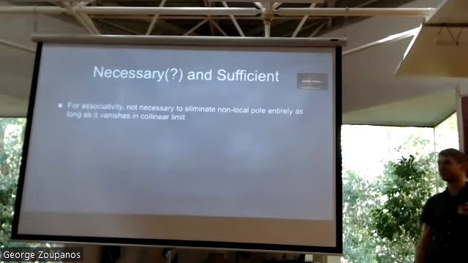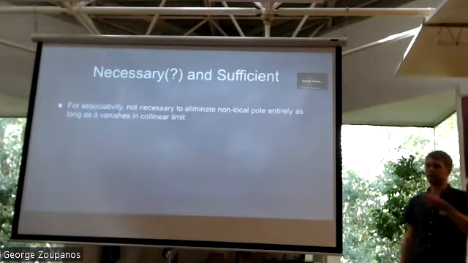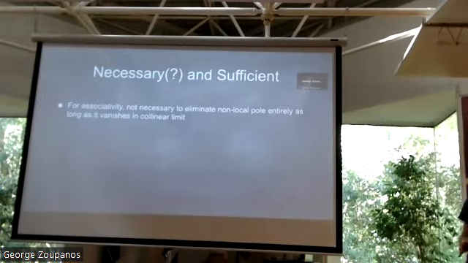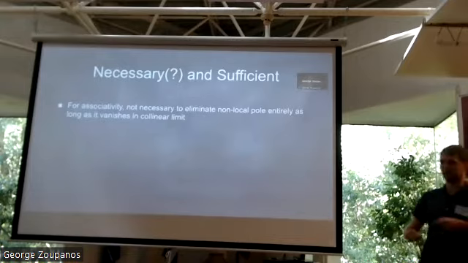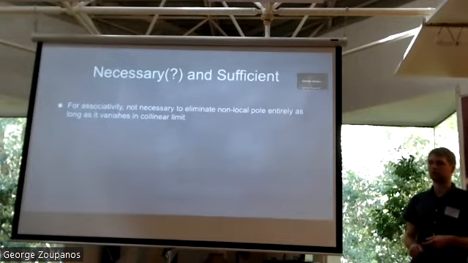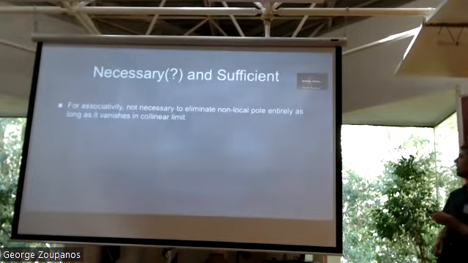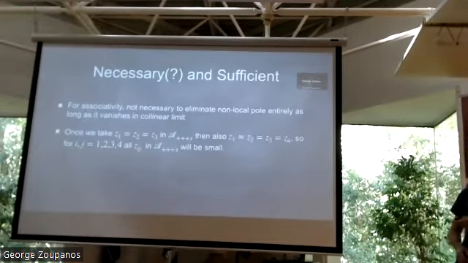You could set the 4-point amplitudes of plus anything to 0 to get rid of the non-local singularities, but that's stricter than necessary just to save Jacobi. For saving Jacobi, you can still allow some non-local poles as long as they vanish in the collinear limit.